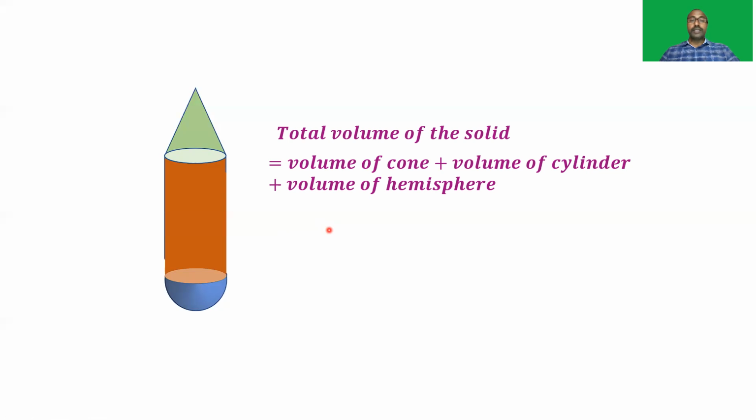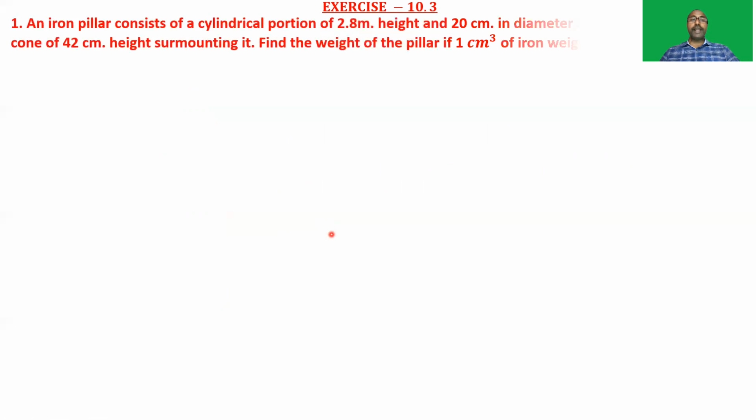Okay, so let us solve some problems in exercise 10.3. The first one is, an iron pillar consists of a cylindrical portion of 2.8 meters height and 20 centimeters in diameter and a cone of 42 centimeters height surmounting it. Find the weight of the pillar if 1 centimeter cube of iron weighs 7.5 grams.